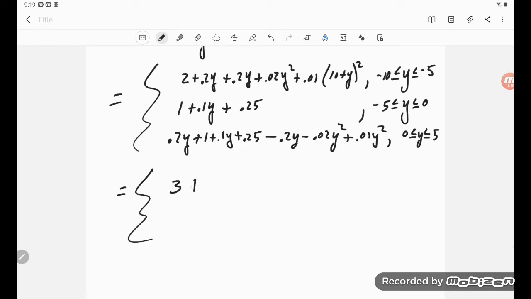So I think I get 0.6y. And then plus 0.03y squared, because I've got that one, and that is from negative 10 less than or equal to y less than or equal to negative 5.